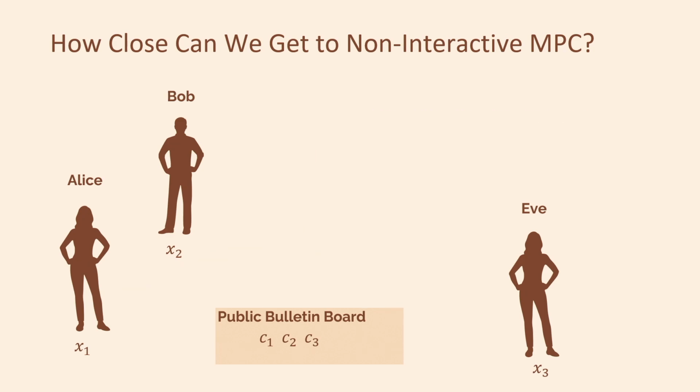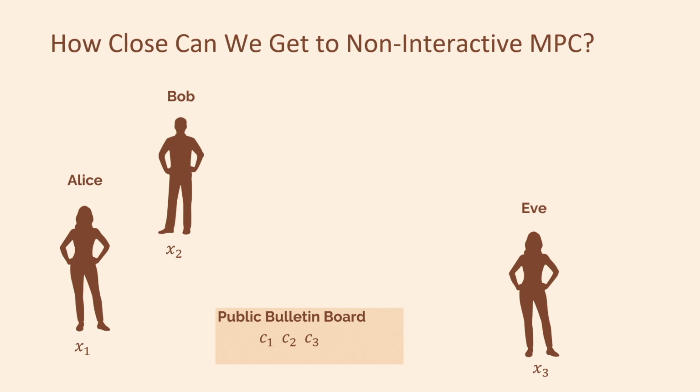In addition, this system is going to allow reuse. So if the parties want to evaluate f prime now, they can again do this in one round. By this, as the number of evaluations goes up, the round cost per evaluation approaches 1.